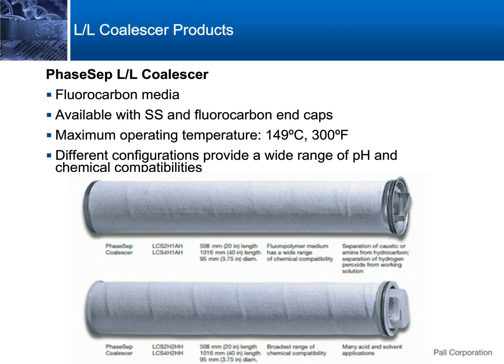Most importantly, this gives a wide range of pH and chemical compatibility for these element styles. So these are very useful when we get into applications such as caustic removal or higher temperature applications. The PhaseSep liquid coalescer is the product of choice.